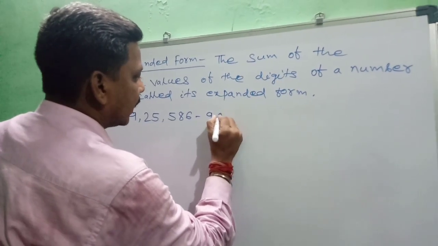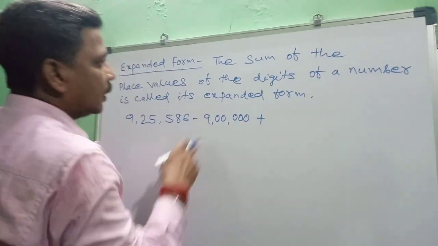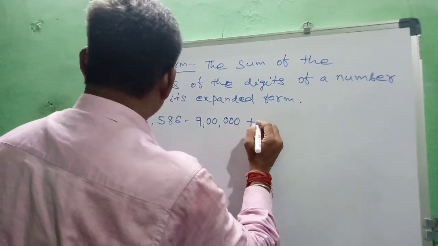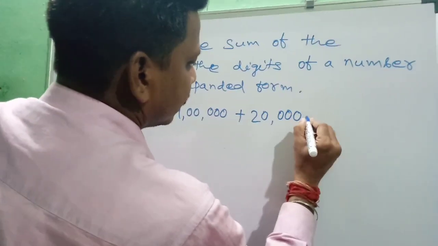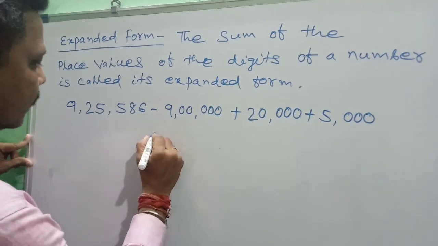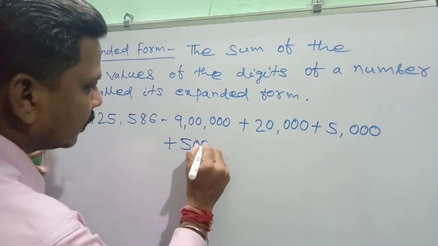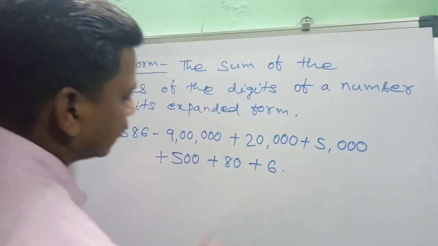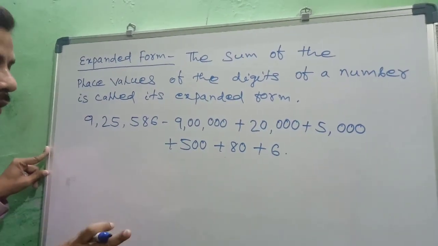Means 9 lakh plus, here sum is written, so we have to add the place value. 20,000 plus 5,000 plus 500 plus 80 plus 6. We have written the place value of every digit.